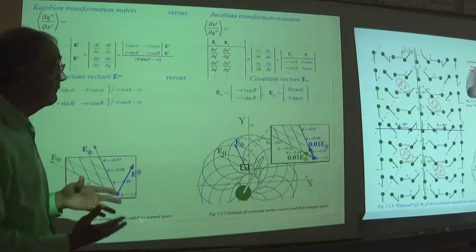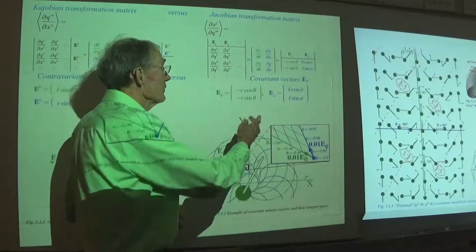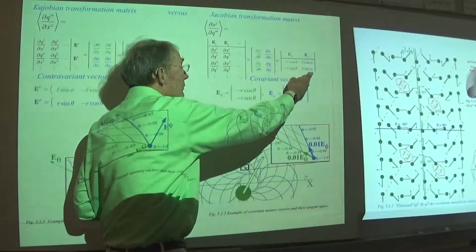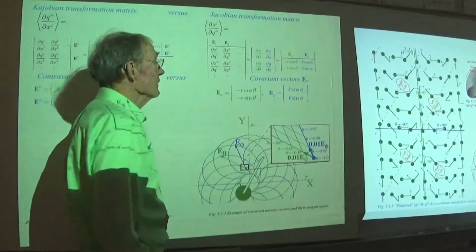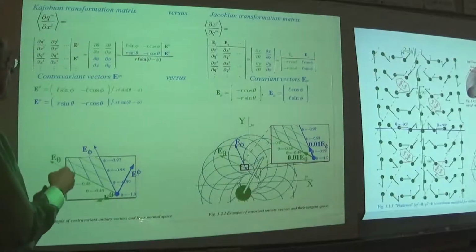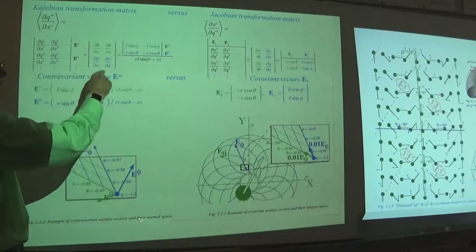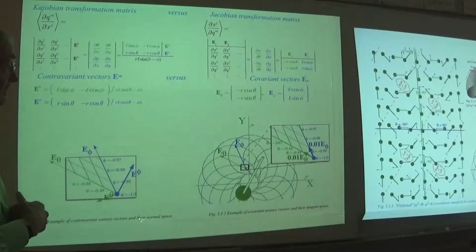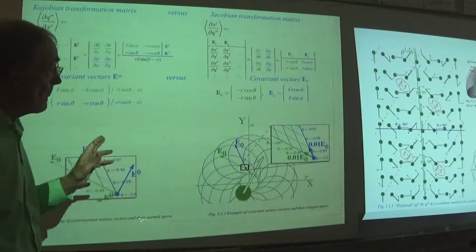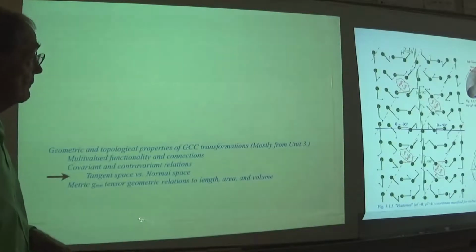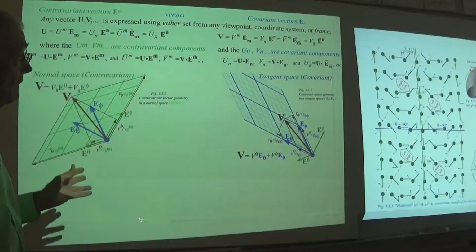Remember, the way you solve problems with this is to use the columns of a Jacobian to get the covariance, and the rows of these to get the contravariance. So that will be the first kind of problems that we solve there.